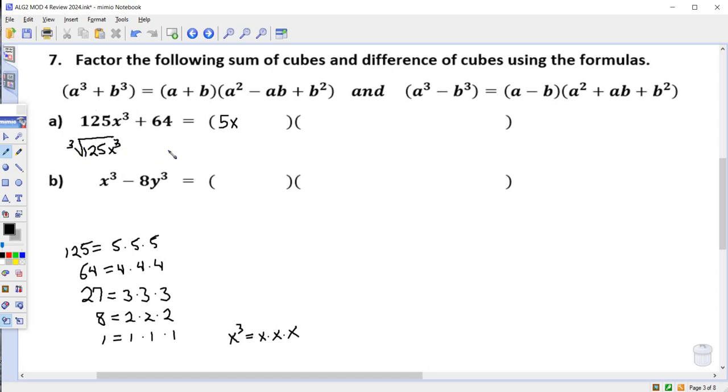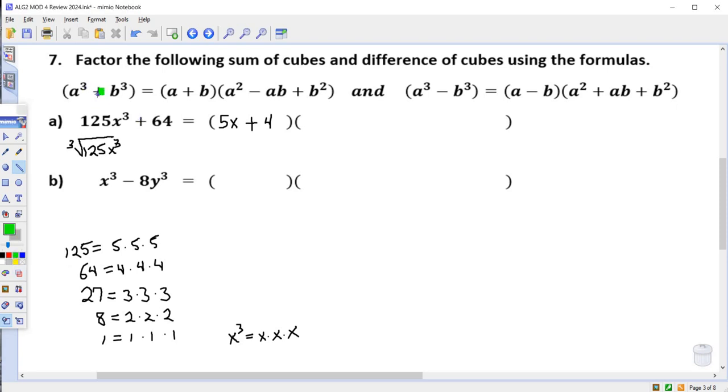So the cubed root of 125x cubed is 5x. This is a sum of cubes, and so we are going to follow this pattern. The cubed root of 64, that's 4. 4 times 4 times 4 is 64. So I'm going to use this formula over here for a sum of cubes.